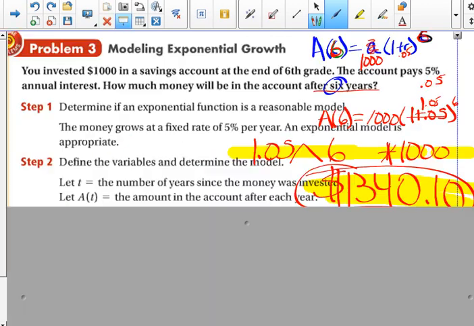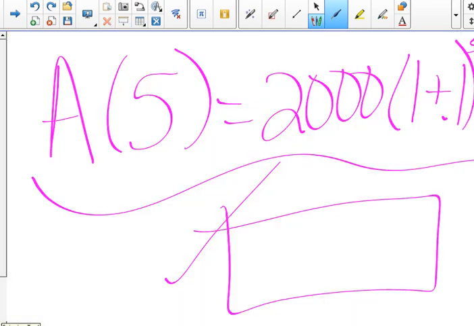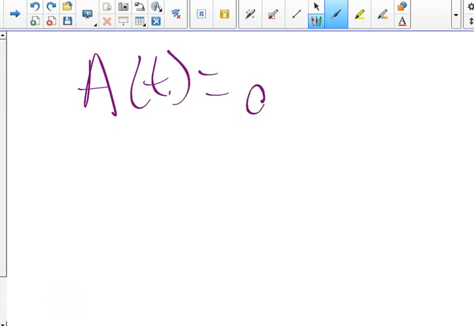So let's look at, actually I won't even do the example, let's do the one in the book. Notice that in 17 the formula is still written there, so use that. A of t is equal to lowercase a times 1 plus r to the t power.